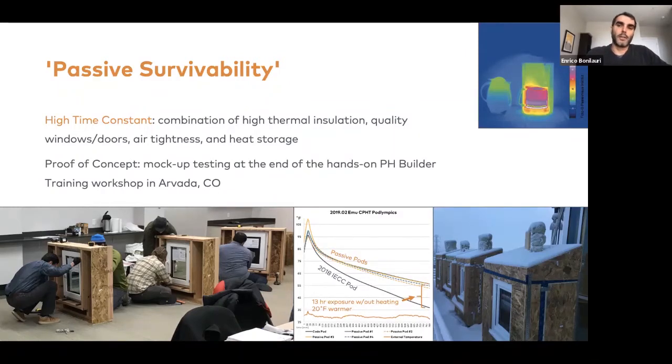So this is showing how implementing a better strategy for your building envelope allows better passive survivability of the building in case power goes out. Buildings remain more comfortable and not as dependent on power in case of extreme weather events.